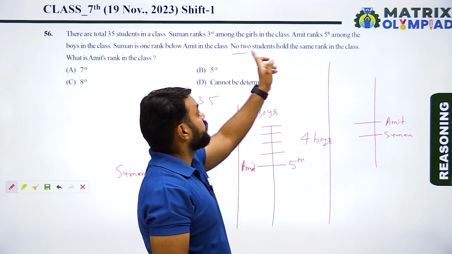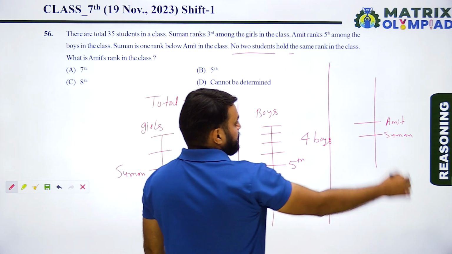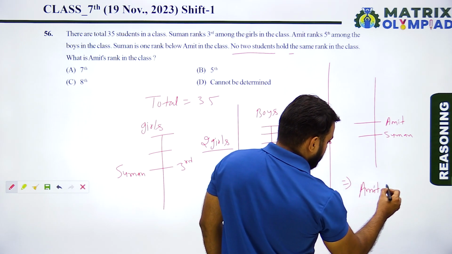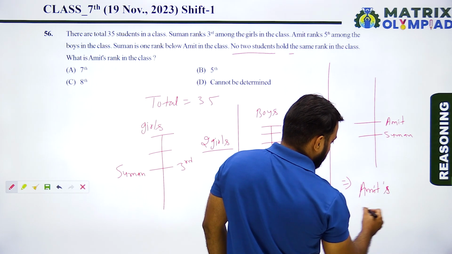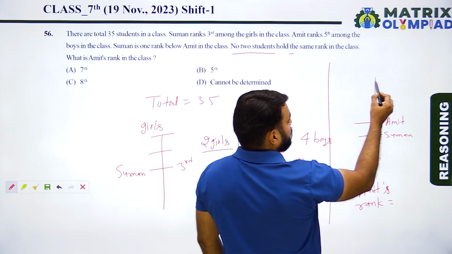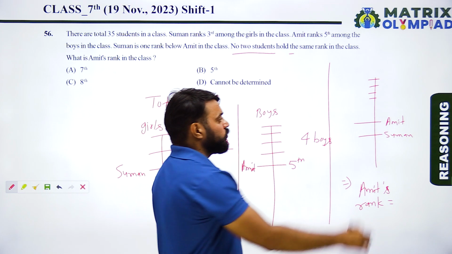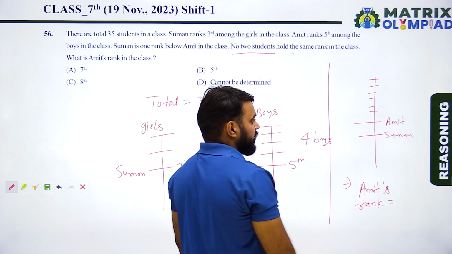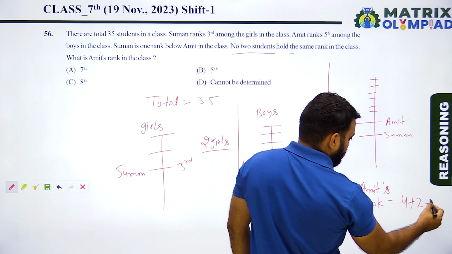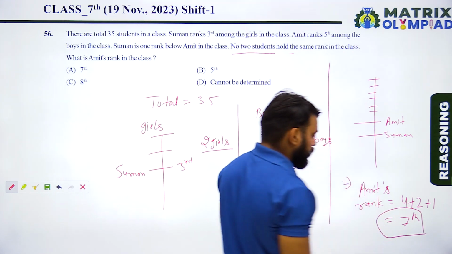Now, no 2 students hold the same rank in the class. So Amit's rank in the class is 4 boys ahead of Amit and 2 girls ahead of Suman, so 4 plus 2 plus 1, the 7th position.